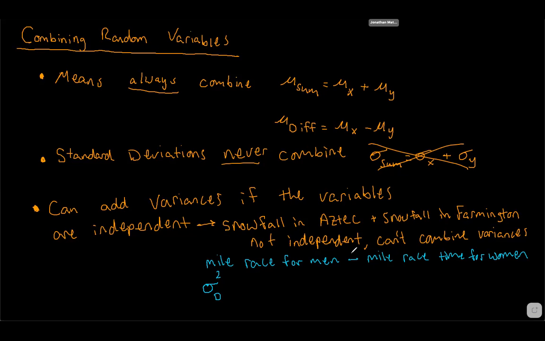That's why these two variables are independent, and we can add their variances. So the variance for the difference would be equal to the variance for the men plus the variance for the women.